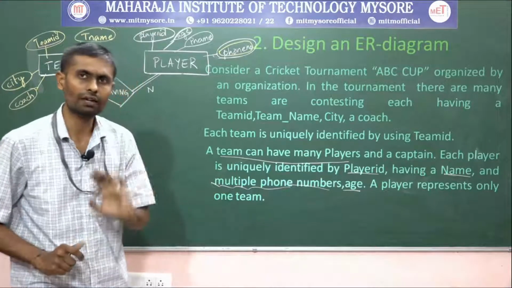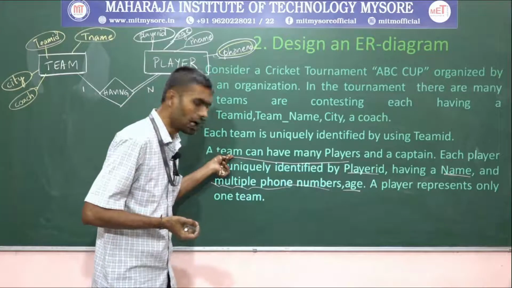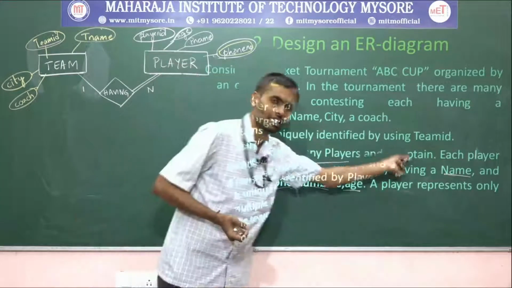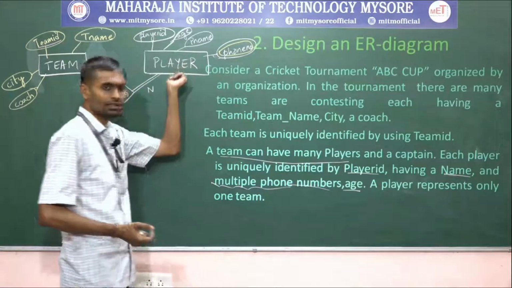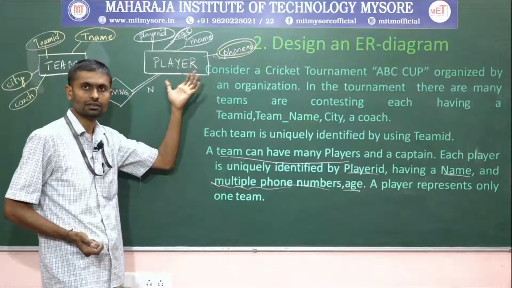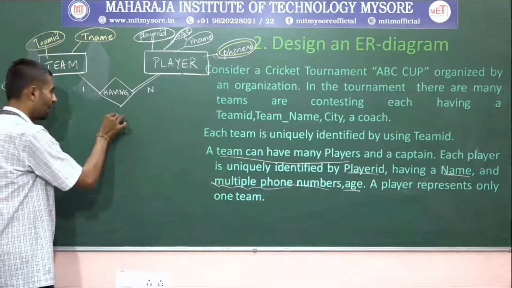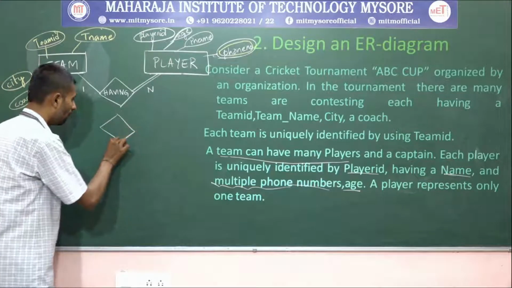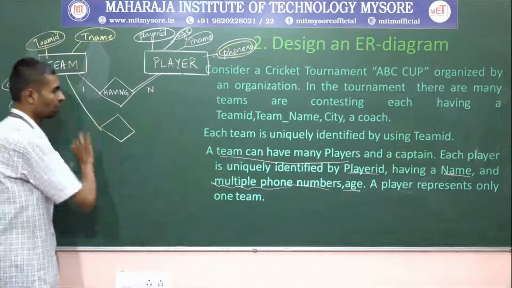Then what else we have to record here is how the team is connected with a captain, and the captain is present in the pool of these players, in the player entity instances. So it's an indication to build a relationship between team and player. What are they saying, guys?